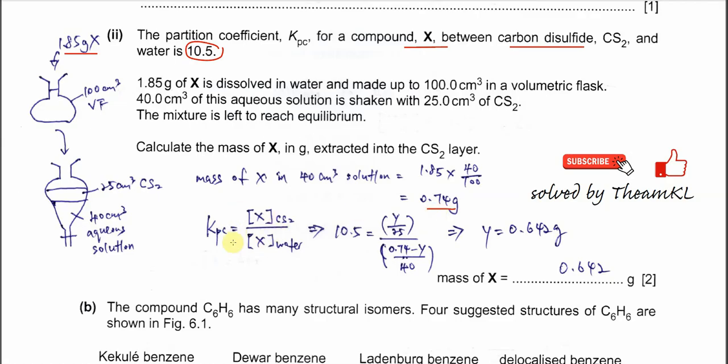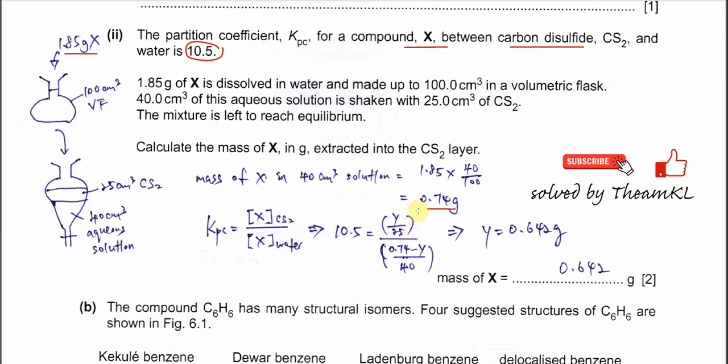Form the KPC expression. It is equal to the concentration of the solute in the CS2 over the concentration of the solute in water. Because it's already mentioned that it is between the CS2 and water, the expression is like this. Now 10.5 is equal to the concentration, which can be expressed in gram per cm cube. So let's say Y gram of the X is extracted by the CS2, over 25 cm cube.